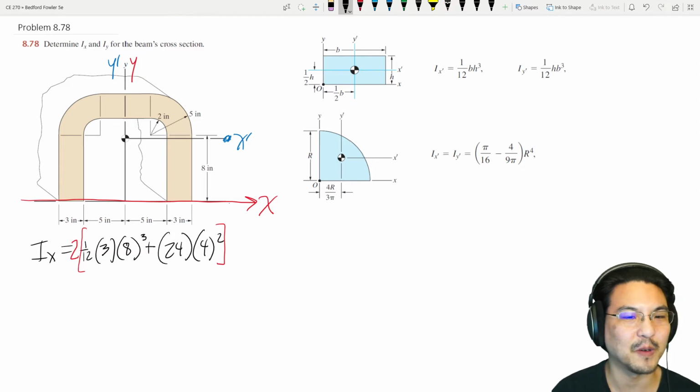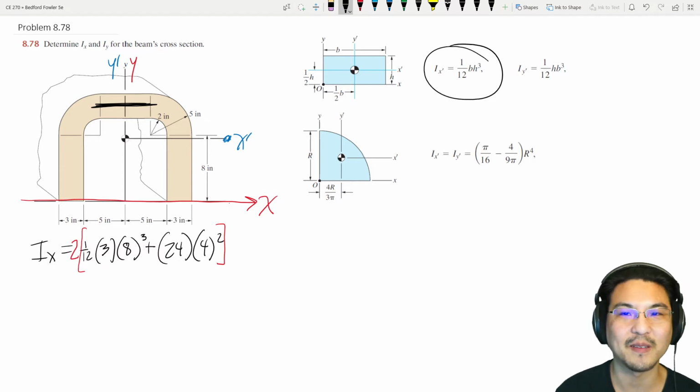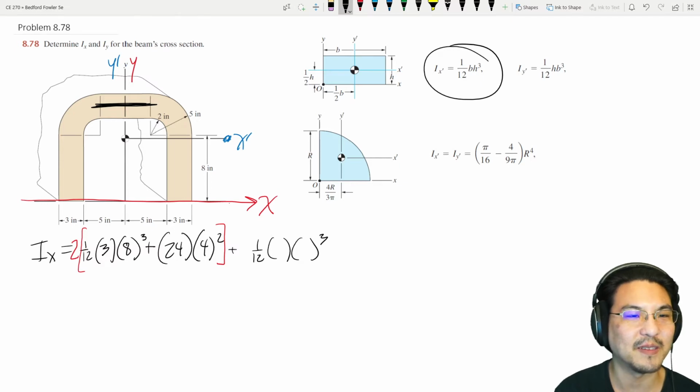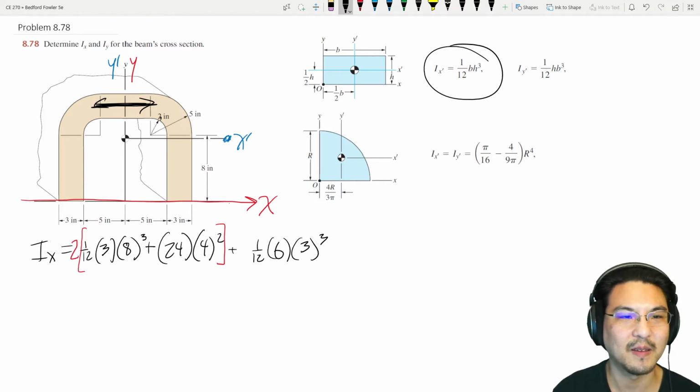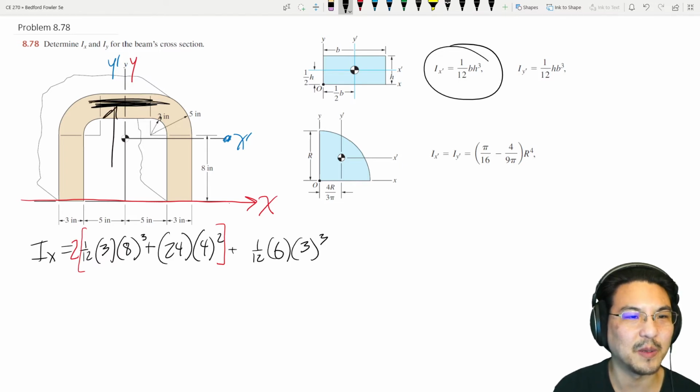Alright, now let's go for this rectangle right here. About this axis is 1/12 base height cubed. The base is, how far is that? Here to here is 5. Here to here is 2. So here to here has got to be 3, so here to here has got to be 6. And then the height is, let's see, oh here, 3. Okay. So that's the moment of inertia about here, but we need it to be here.